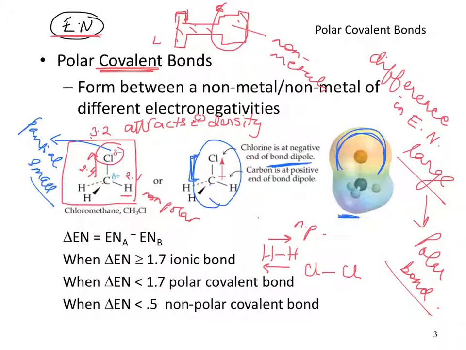So the net effect is that the electron density doesn't go anywhere. There is no push and pull. So we consider these kinds of molecules, H2, Cl2, N2, all the diatomics basically, as nonpolar.